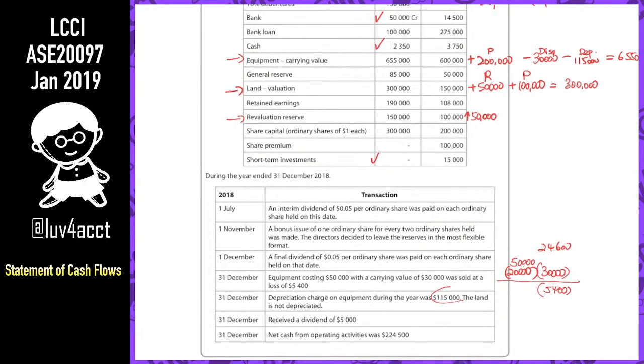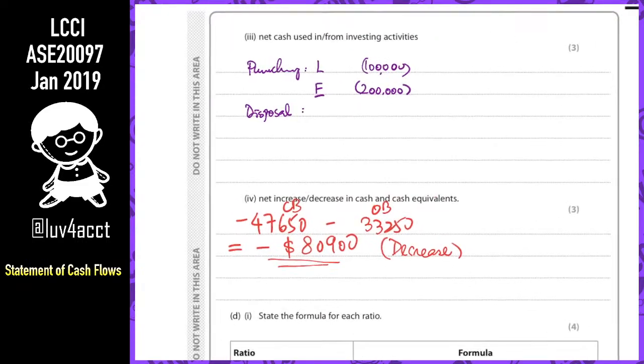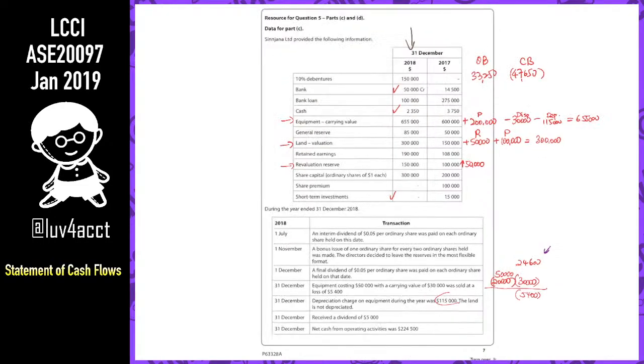No, the disposal proceeds being 24,600. Let us read on to see if we have anything else.